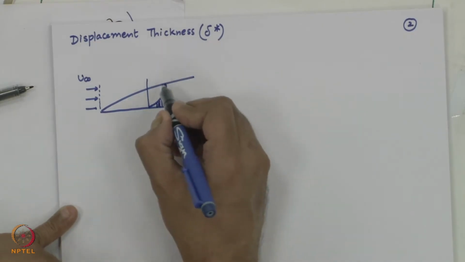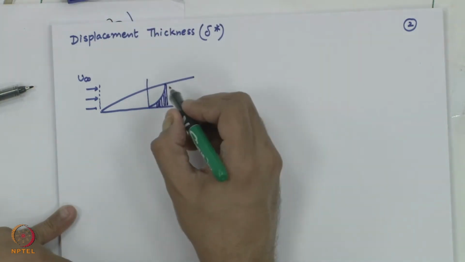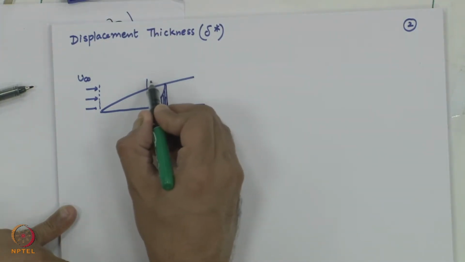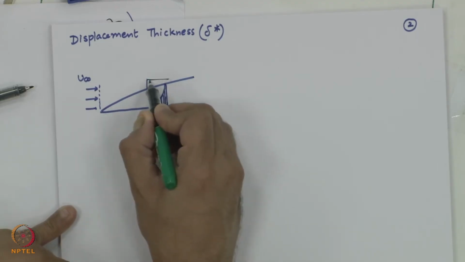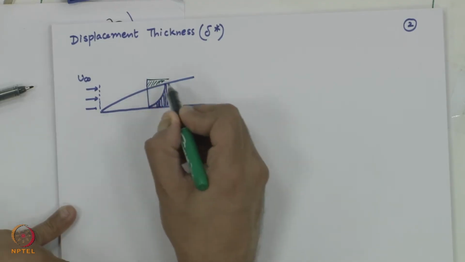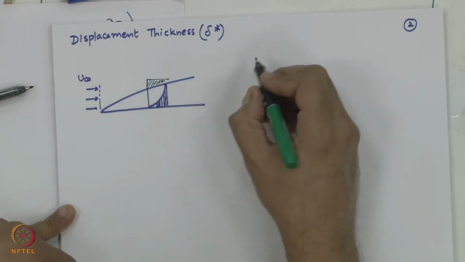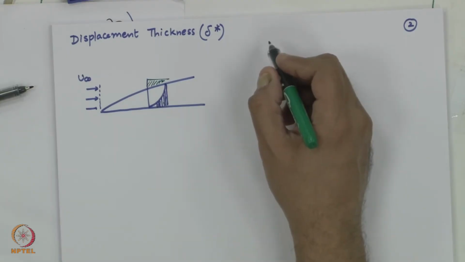But because there is a deficit in the velocity given by the shaded region, you would have to account for that by the so-called displacement thickness, which would have the additional effect to capture the same mass flow rate. So, the streamline just outside the boundary layer is deflected away from the wall due to the presence of the boundary layer.